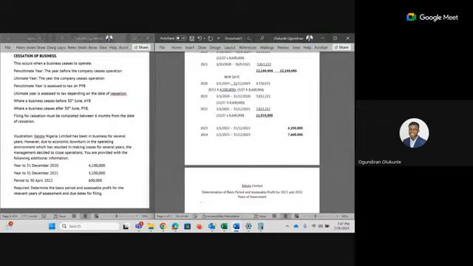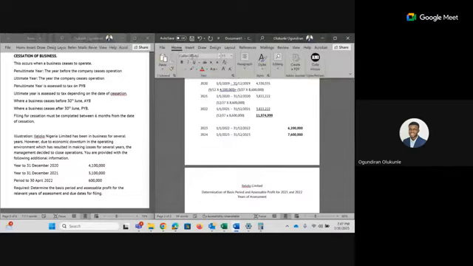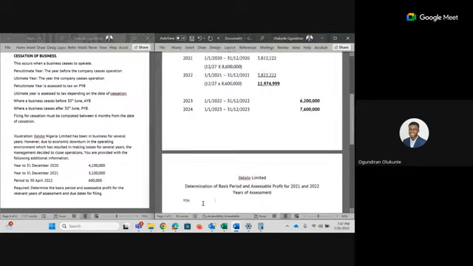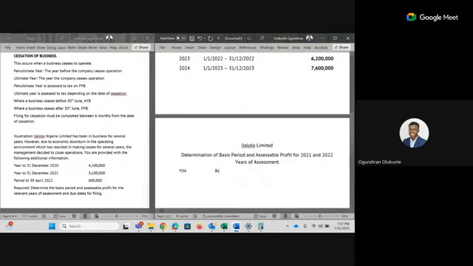So let's go. Year of assessment, basis period, assessable profit.